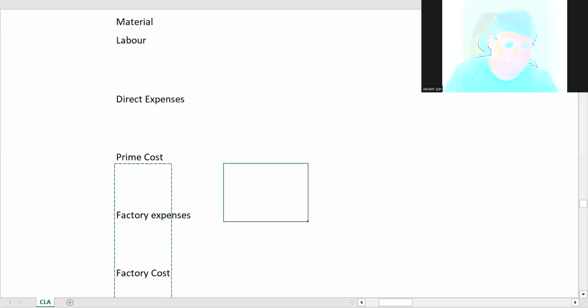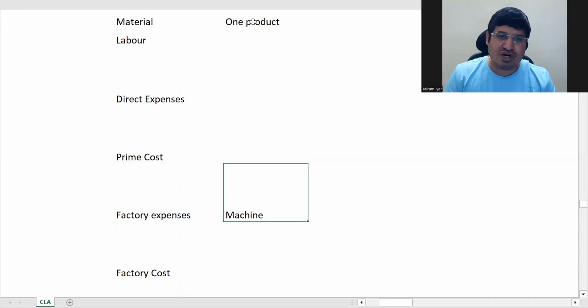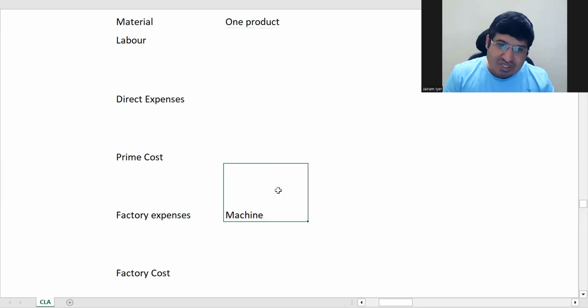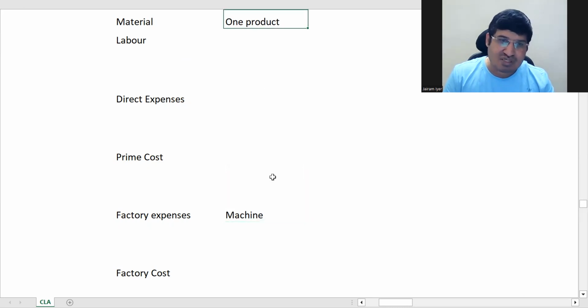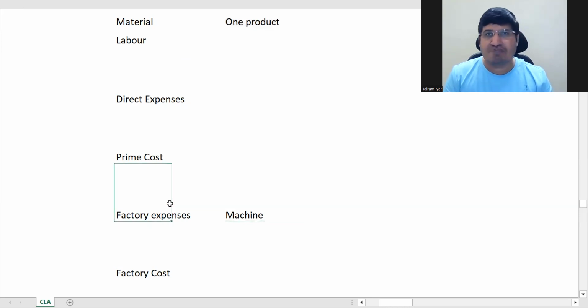There are some parts of factory expenses. There can be a machine which is used directly for producing one product only, such that the entire cost of the machine you can load to this product. So it has a direct connection with the cost object. Then this will be direct cost for this product. It will no longer be indirect cost.